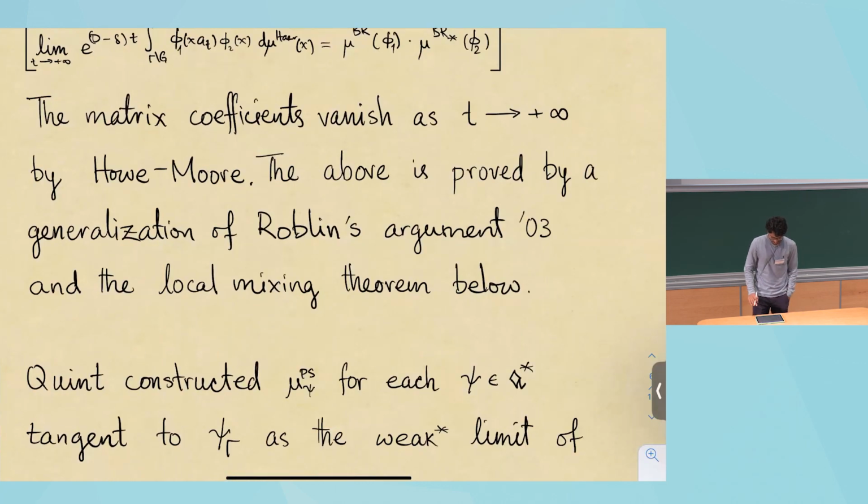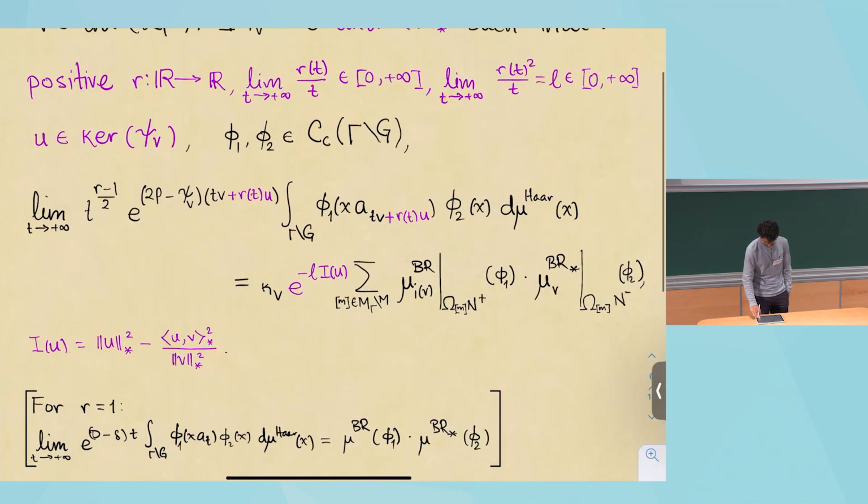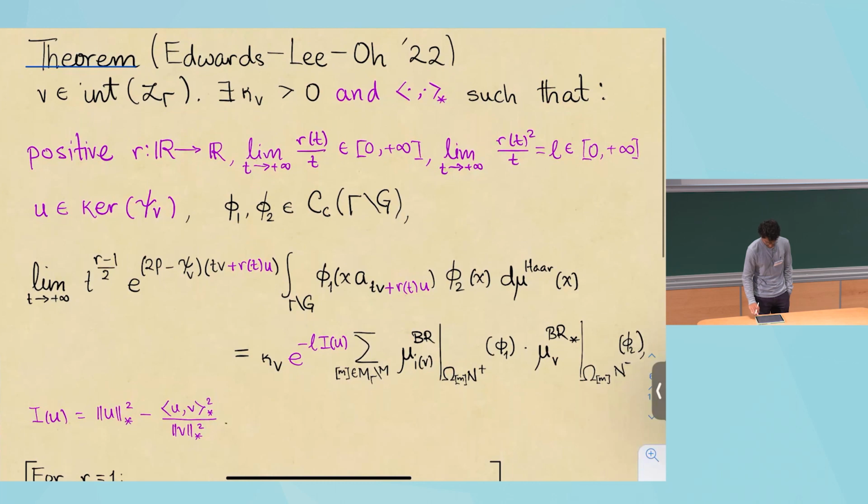So the proof of this, okay. This limit is 0. Is it not a consequence of the fact that since the limit of RT squared over T is L, then the limit of RT over T is 0? In fact, this limit can be non-zero.